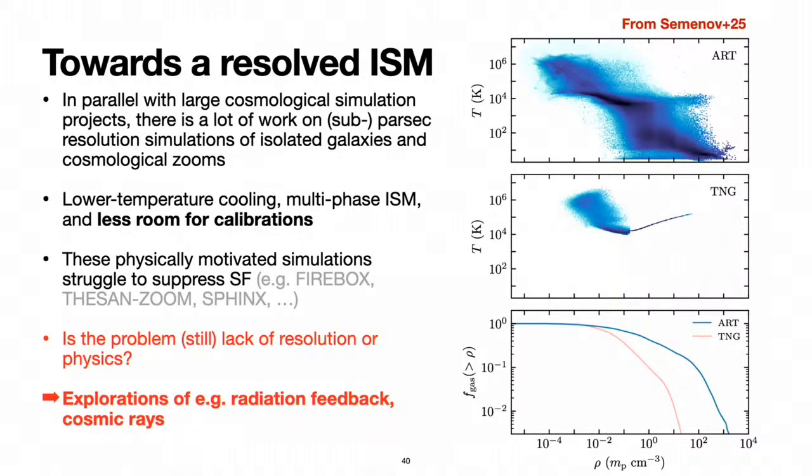We can tell how important these different feedback mechanisms are. That's my hope. Sorry, can you clarify what is GMC? A giant molecular cloud, right? Giant molecular cloud. Okay, yeah.